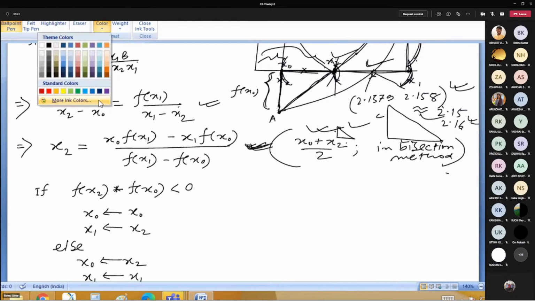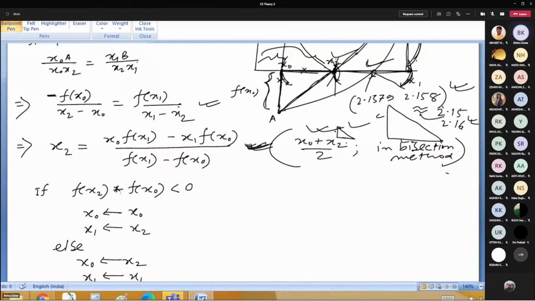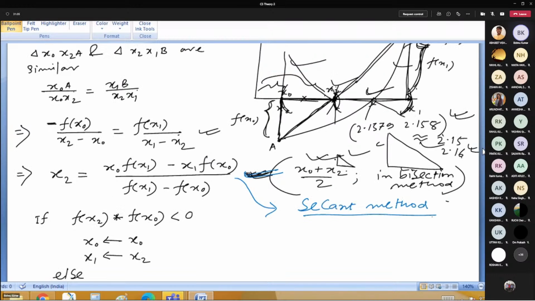X2 calculation is okay. After getting x2, in the secant method I will not check the functional sign, whether it is positive or negative, along with f of x0 and f of x1.